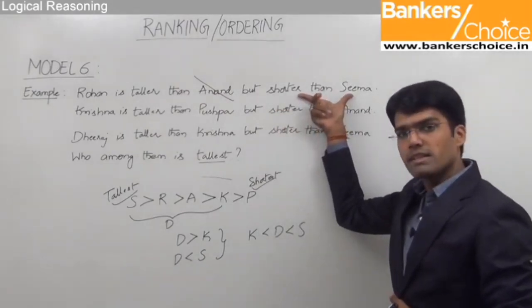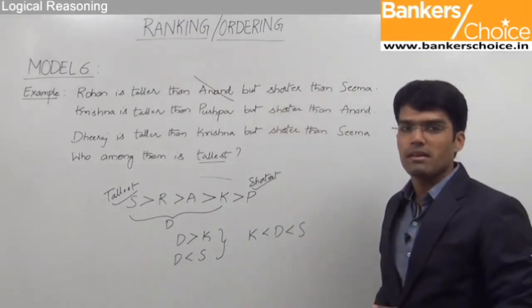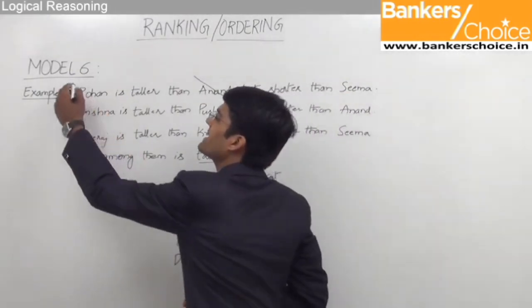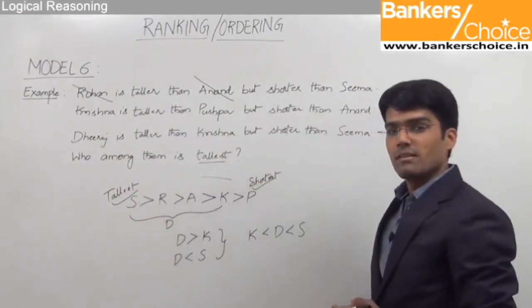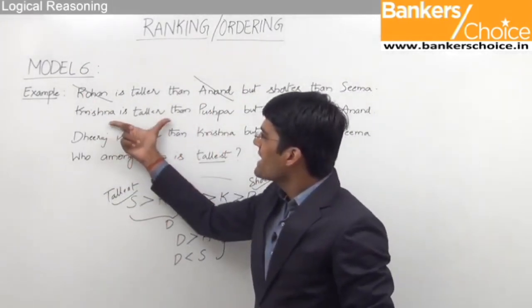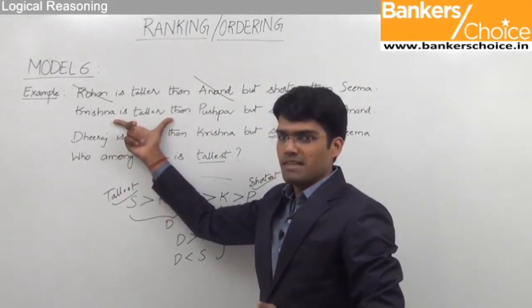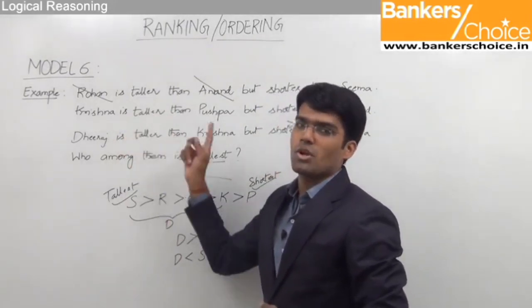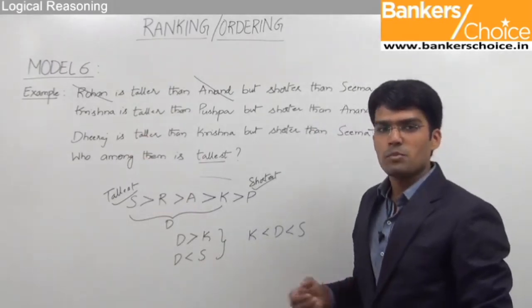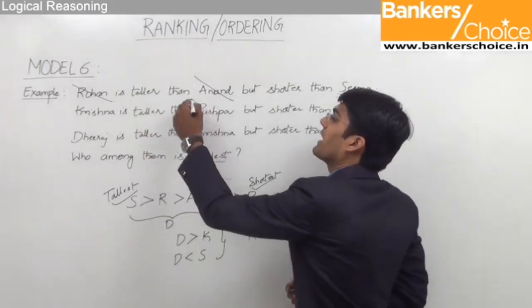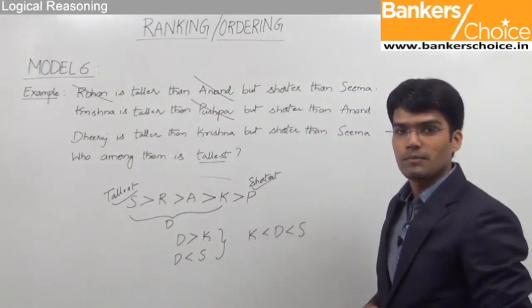And when Rohan is shorter than Seema, Rohan cannot be the tallest person. So even Rohan gets eliminated. Now from the next statement, Krishna is taller than Pushpa. When Krishna is taller than Pushpa, we understand that Pushpa is shorter than Krishna.